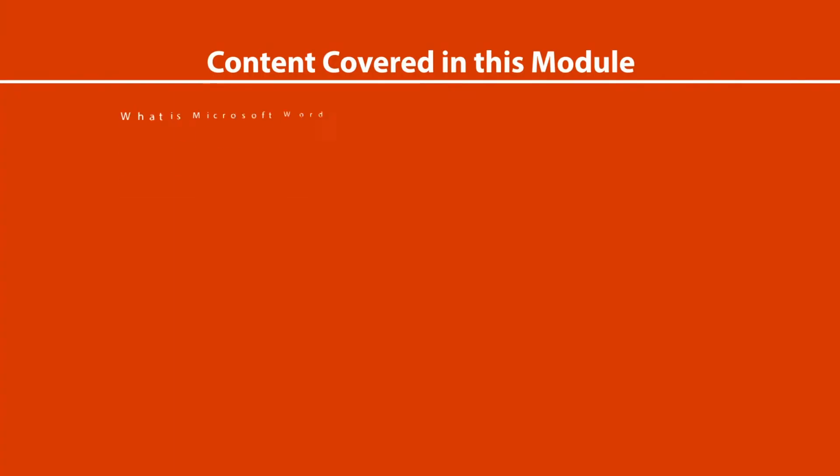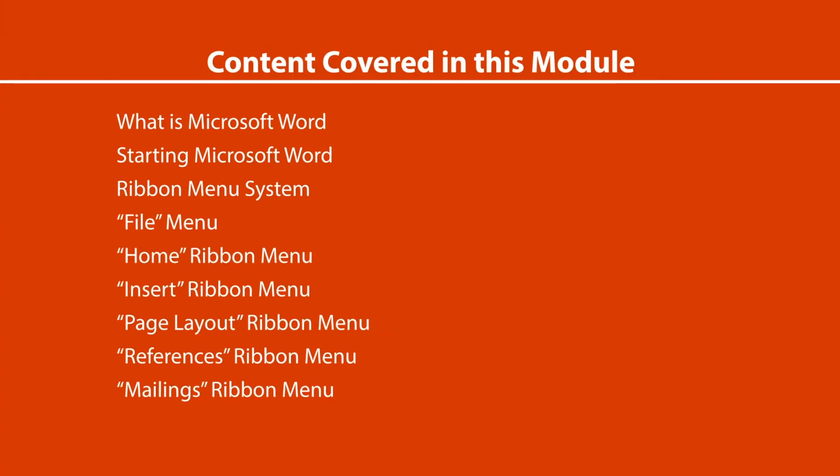The content covered in this module includes what is Microsoft Word, starting Microsoft Word, and the ribbon menu system. This is a newer philosophy, applicable from Windows 2010, and we will see that the ribbon menu system is quite contemporary in nature and quite useful.